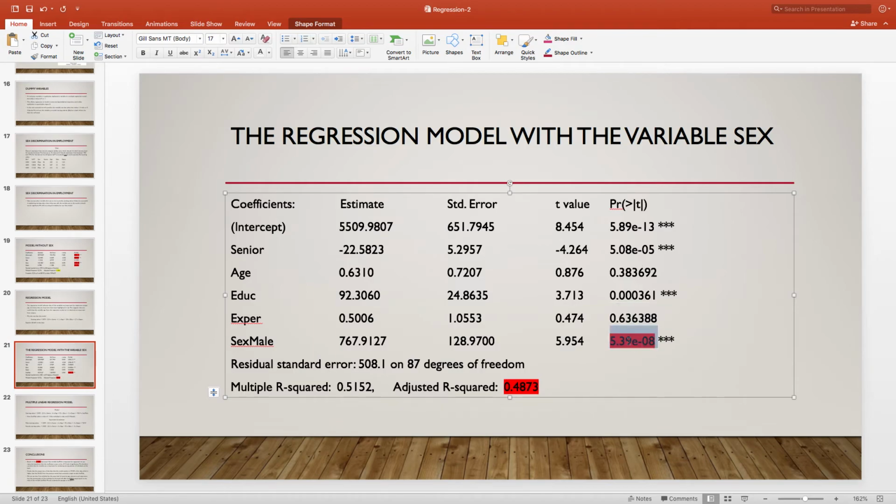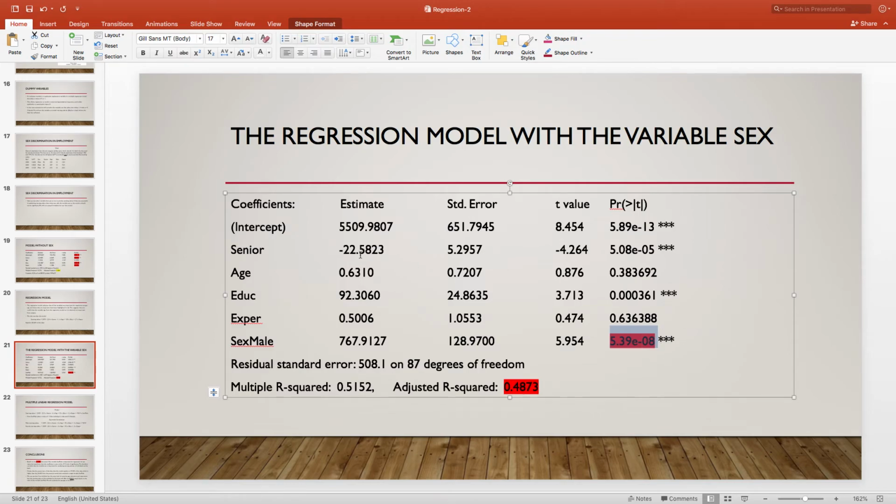It says when I add sex to this equation, it is statistically significant with a p-value of 5 times 10 to the minus 8th, saying that it's virtually impossible that sex does not play a role in predicting the starting salary of an individual.